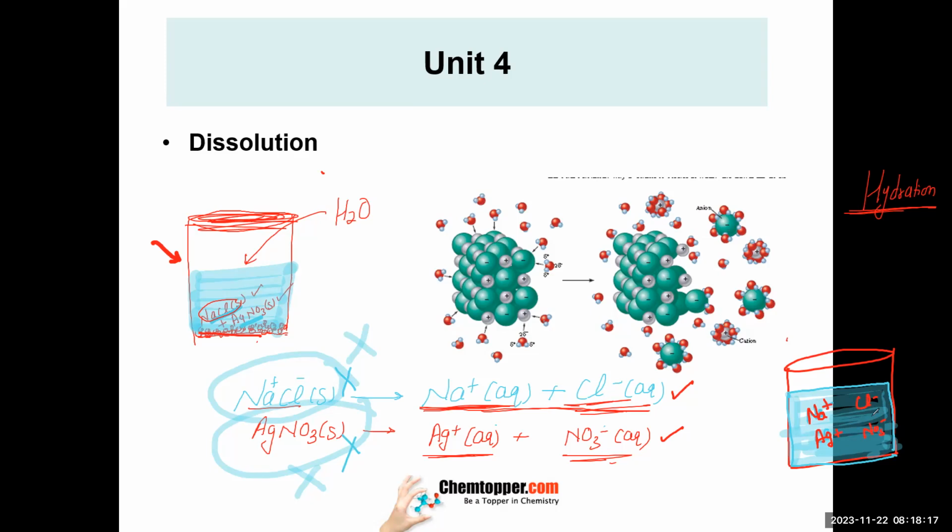And when they are moving, this Ag plus, when it comes closer to Cl minus, all of a sudden, it was NaCl solid, now it is aqueous, right? AgNO3 aqueous. Now see, the reaction will take place.